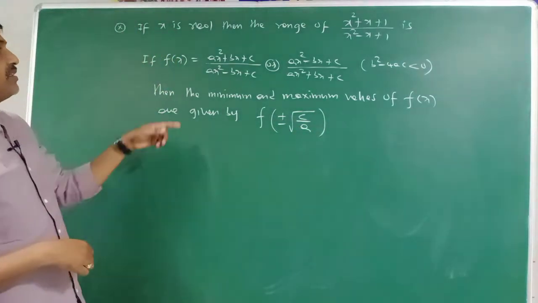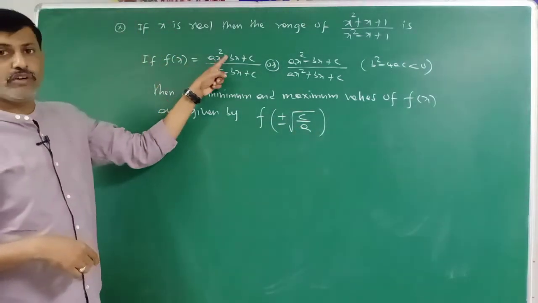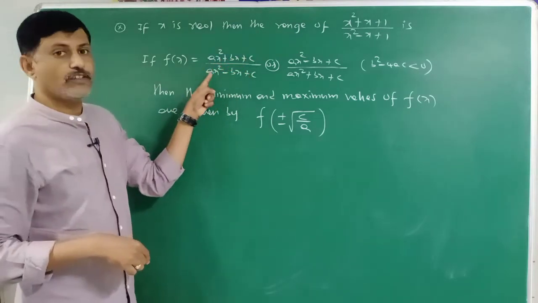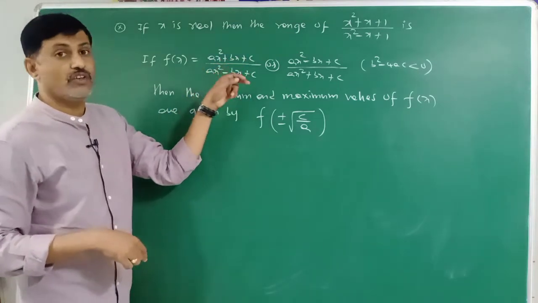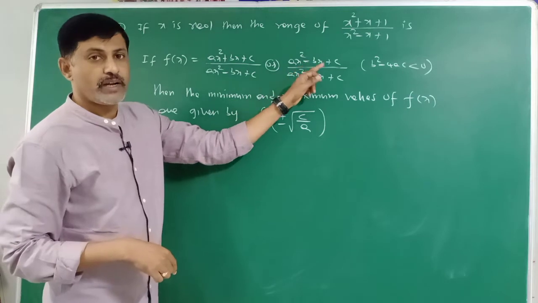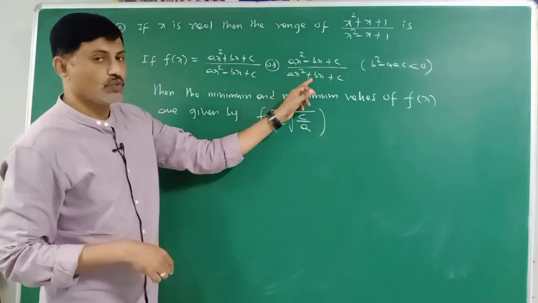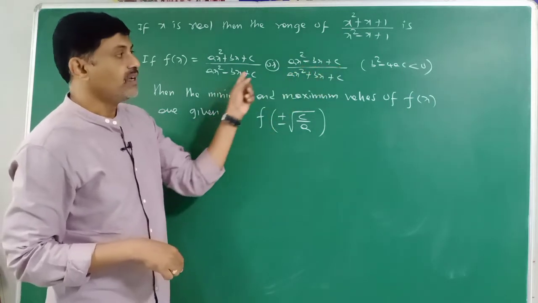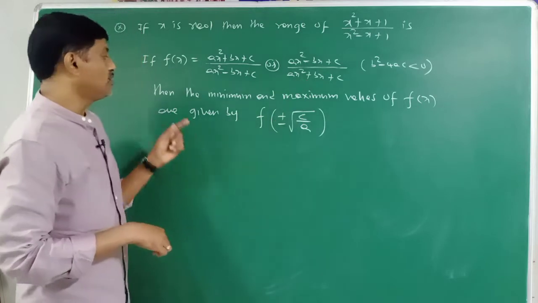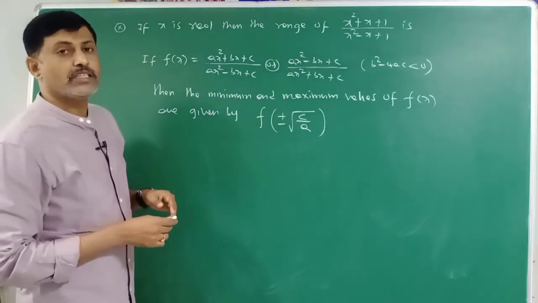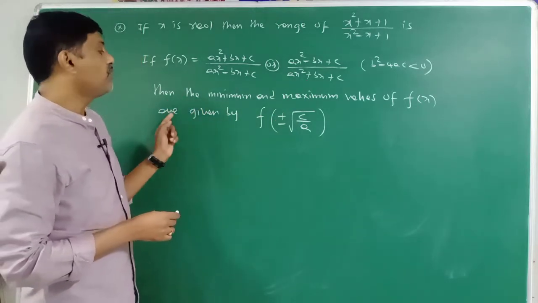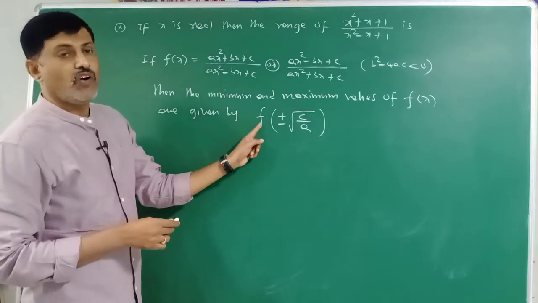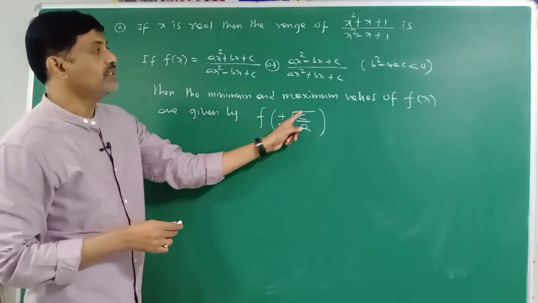So now this is our form: ax square plus bx plus c by ax square minus bx plus c, or ax square minus bx plus c by ax square plus bx plus c. In this, delta is less than 0, then the minimum and maximum values of f of x are given by f of plus or minus root over c by a.